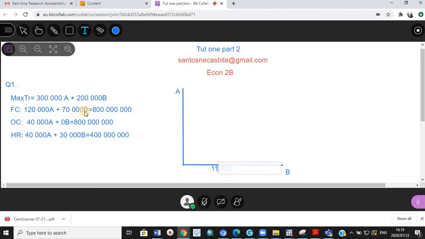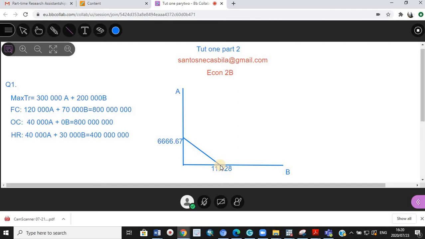We'll say 800 million divided by 120,000. It is going to be, let me just write here, 6.67. So we will do this, right? Very good.